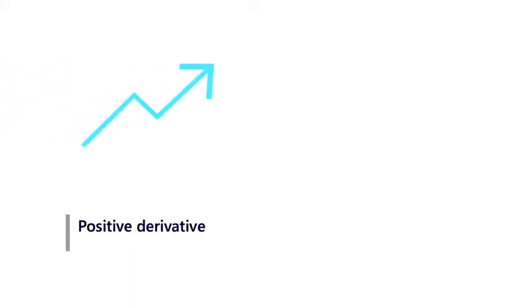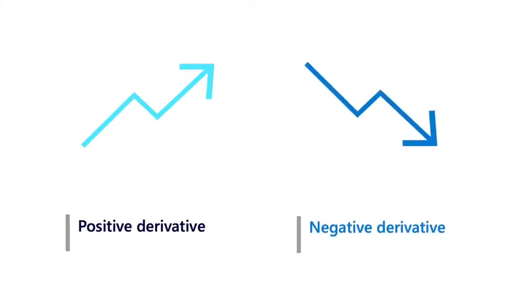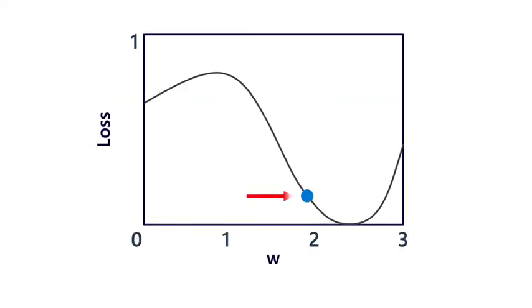A positive derivative indicates that the function is increasing, and a negative derivative indicates that it is decreasing. In this case, at the plotted point for the current weight value, the function has a downward gradient. In other words, increasing the weight will have the effect of decreasing the loss.